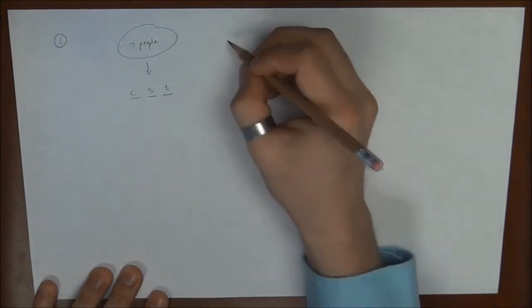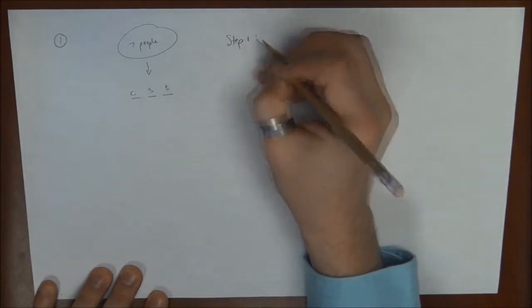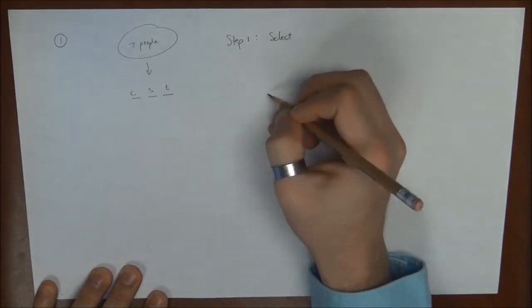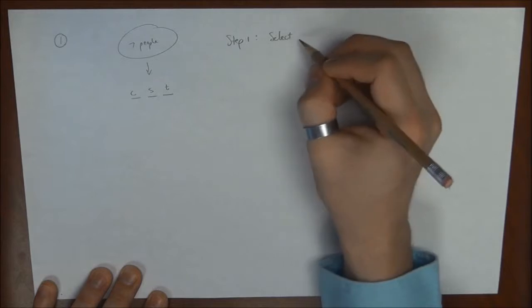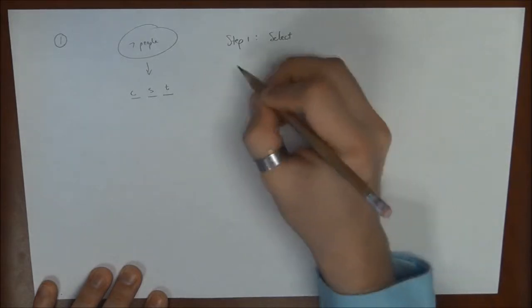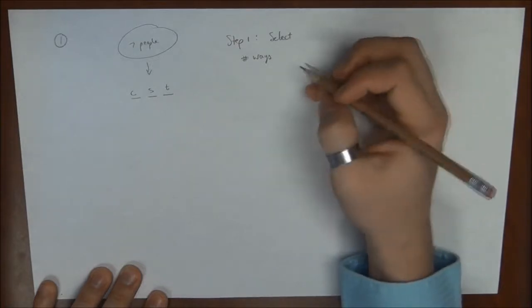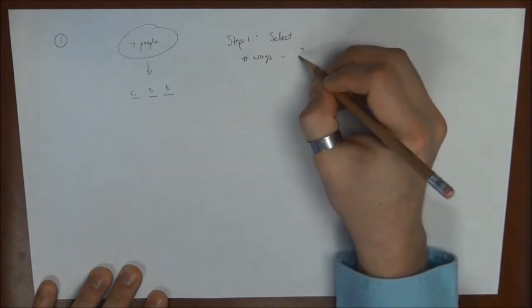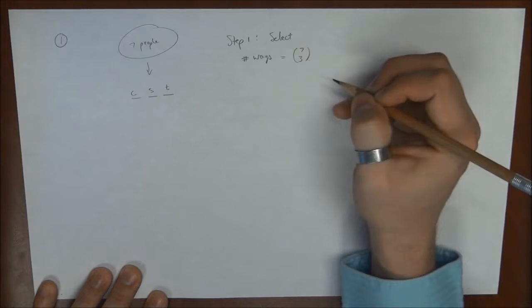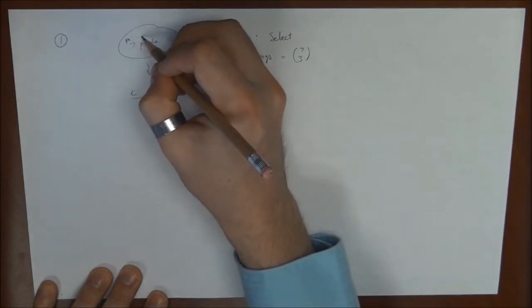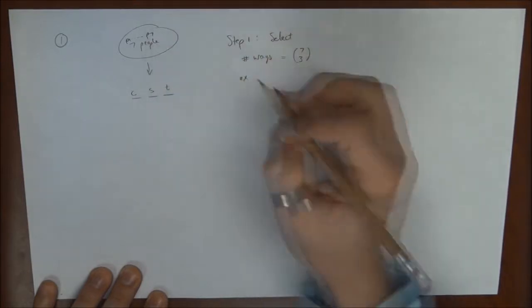So one way I can do that is by saying step 1, select the people first, and then look at what I have to do next. So in how many ways can I select 3 people from 7? 7 choose 3. For example, let's call these people person 1 to person 7.